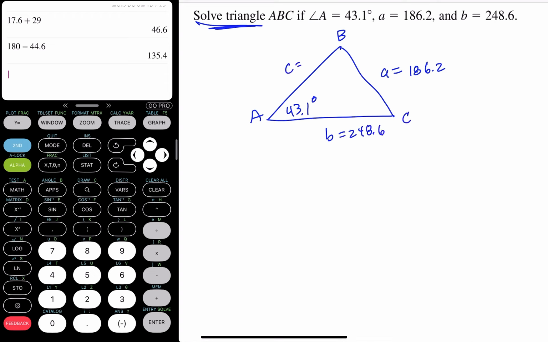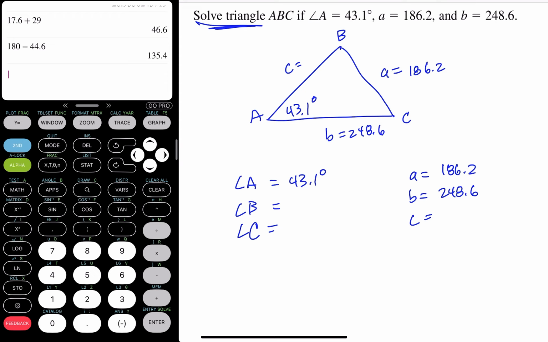C, and I don't know what C is. So first thing I would do is draw a chart. So angle A is 43.1 degrees. Little a is 186.2. Little b is 248.6. Angle B is I don't know, C is I don't know, and little c is I don't know.